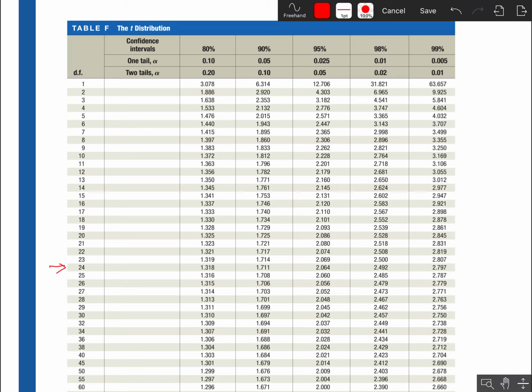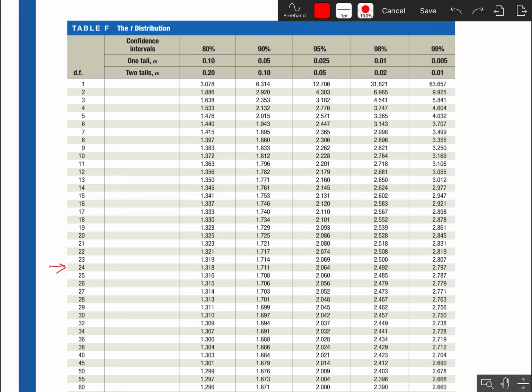So notice that the three pieces of information that we wrote on the last page a second ago are all right here. So you can either just look up the required confidence interval, or the amount of area that you need in one tail, which was 0.025, or the amount of area that you need in both tails, which was 0.05. All three of these are equivalent to each other.